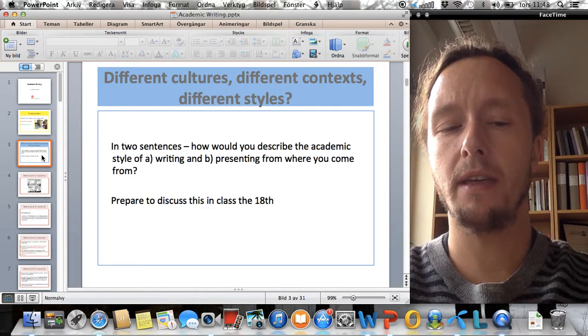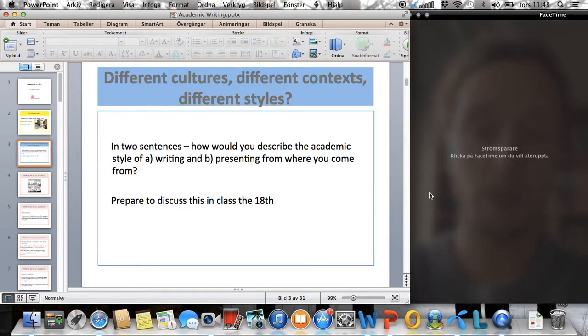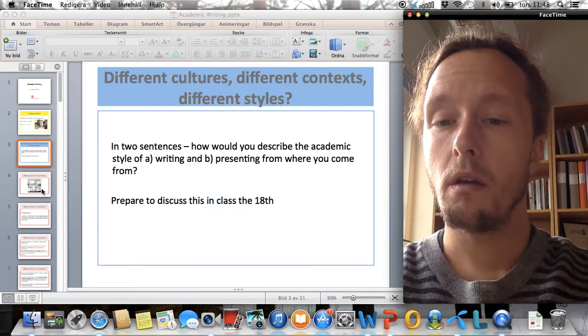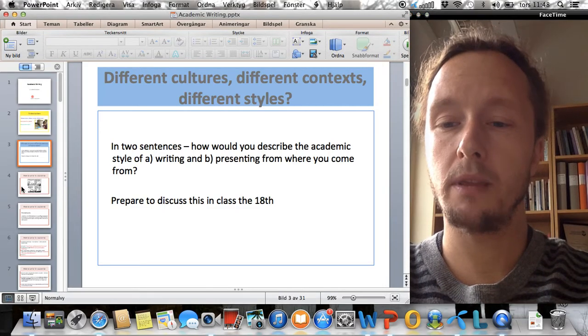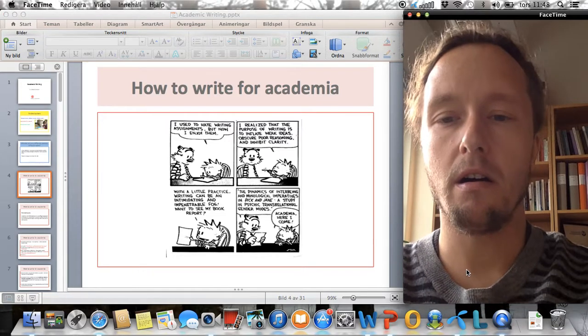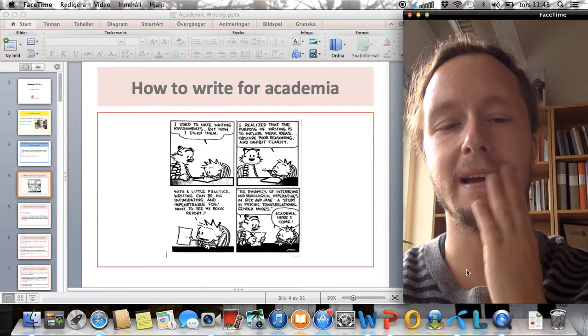So please think about that, and we'll discuss that and perhaps also relate to the Swedish system, which is different. Okay, but with that said, let's go to the lecture, starting with the academic genre.